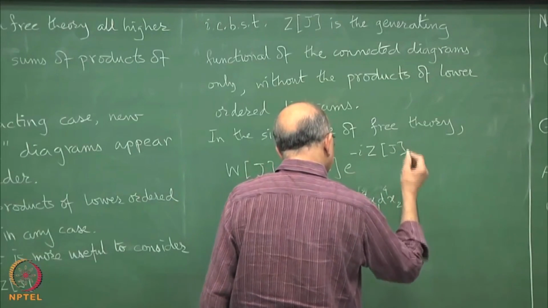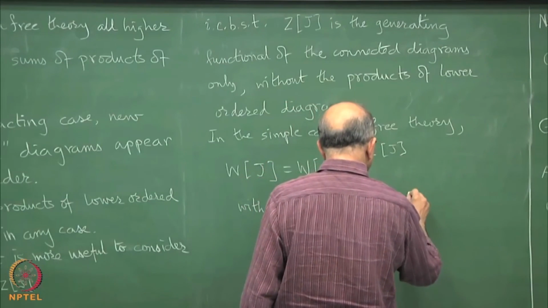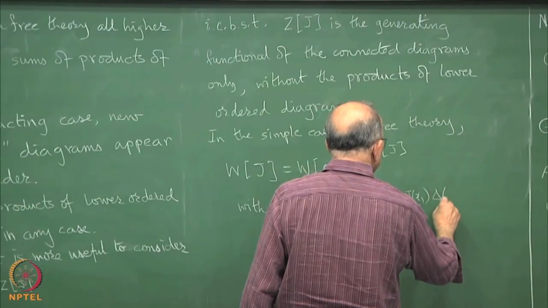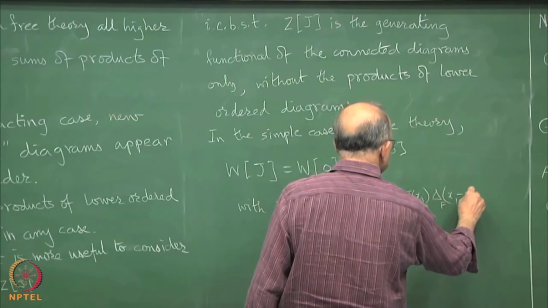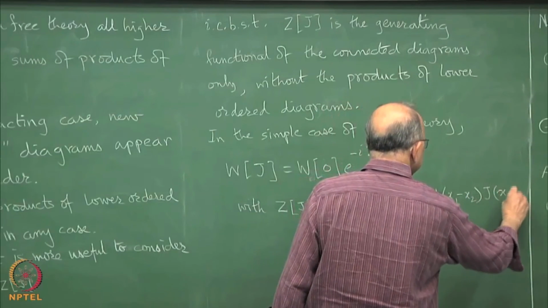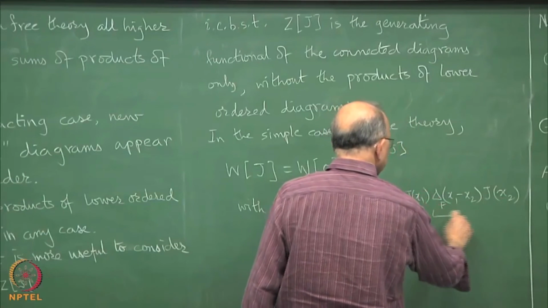I should use Ramond's notation, but may as well write down everything. So J(x1) Delta_F(x1 minus x2) J(x2), but this we already know is G2.